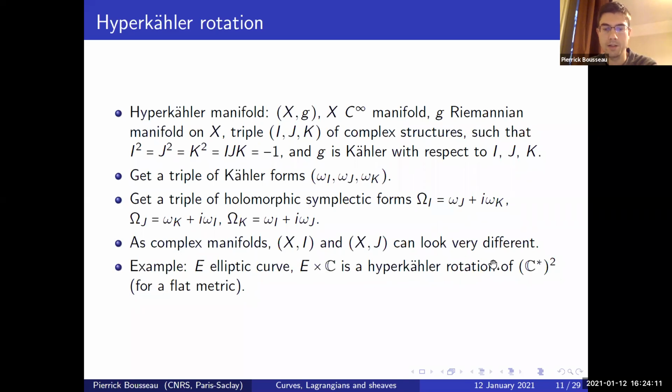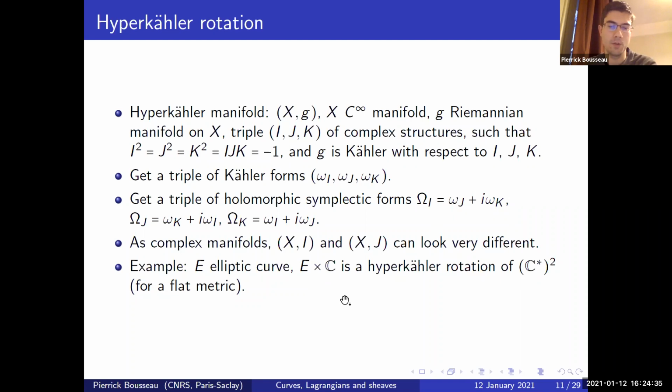You see, from the complex or algebraic point of view, E cross C and C star squared are very different. C star squared is affine, E cross C is not, but still they are both obtained from different complex structures on the same underlying manifold. Okay, from the topological point of view, these two varieties are just R2 times T2.